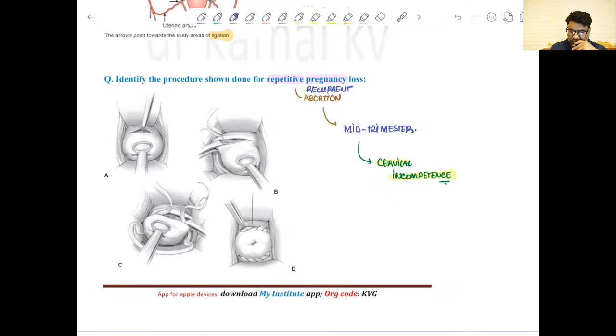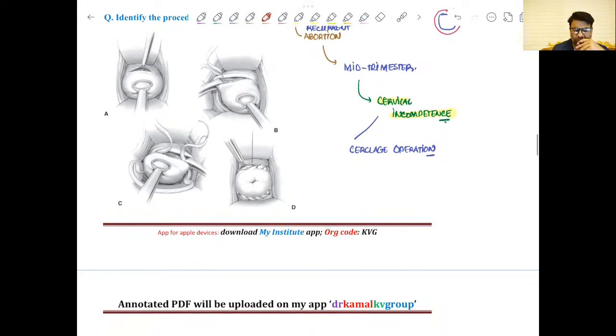Now to treat this condition, we need to do a cerclage operation. Cerclage means, suppose this is a structure like this, we will tie it all around like this. So here we need to do cerclage because we know that the cervix will dilate and allow the products of conception to go out, or abort.